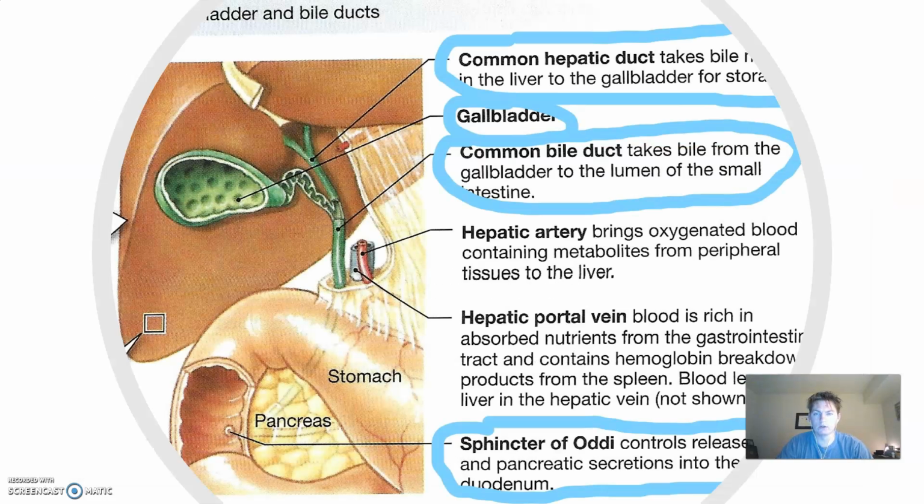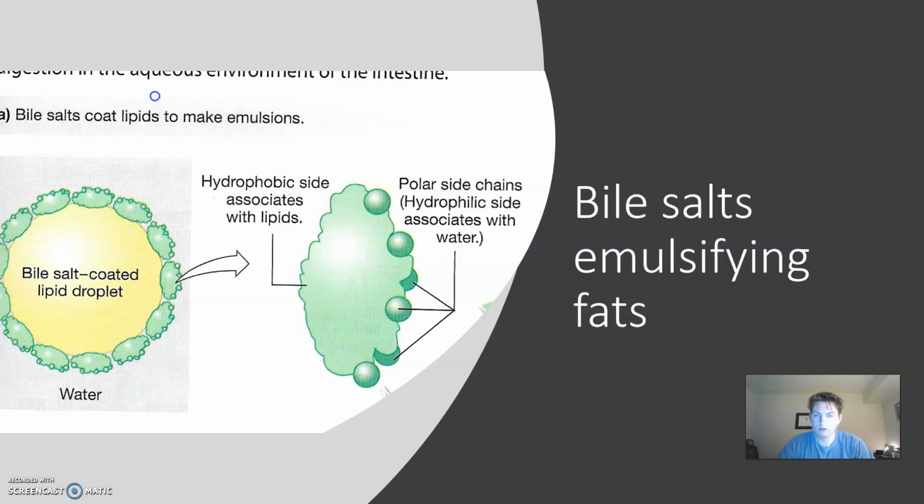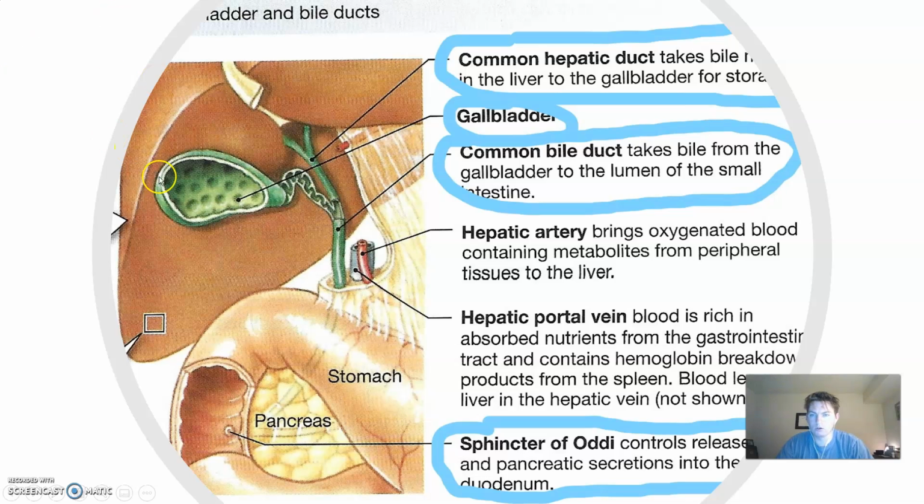So here we have a really good diagram of what it looks like to create bile, where it's stored, and its excretion. Right here we have the liver, and on the posterior side of the liver, the gallbladder is there. The liver creates the bile and sends it into the gallbladder through the common hepatic duct, where it's stored.